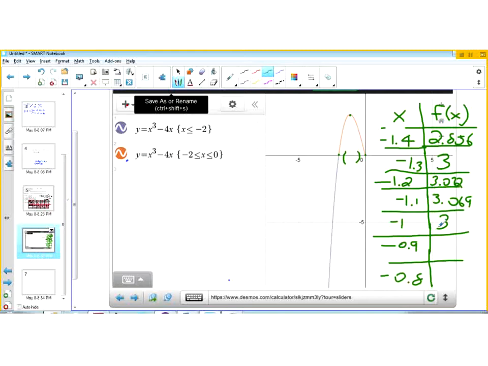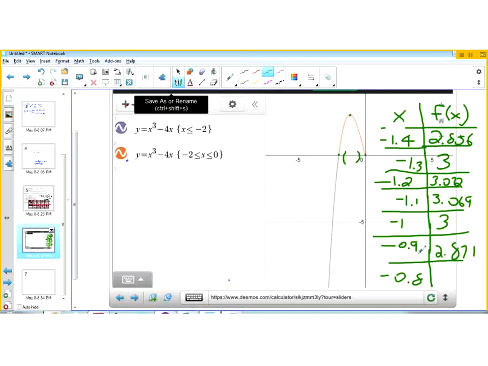Well, that would just be 3. And let's try -0.9. That would be 2.871. All right, so I think we've got enough information here to guess where this local maximum occurs. And here's how.